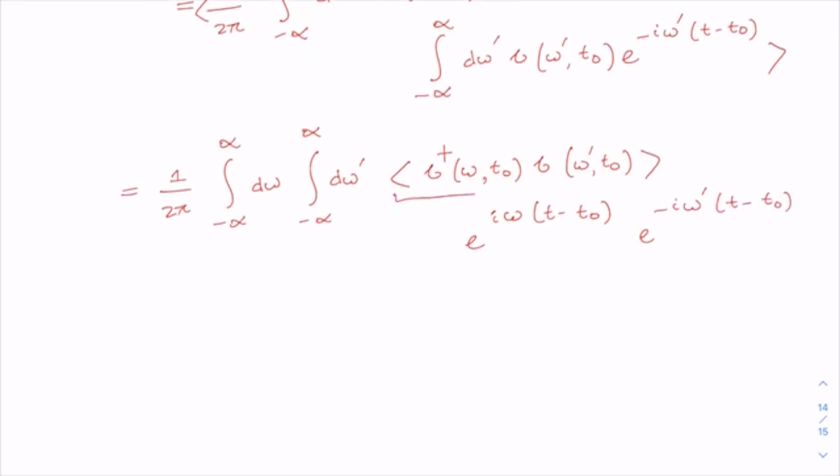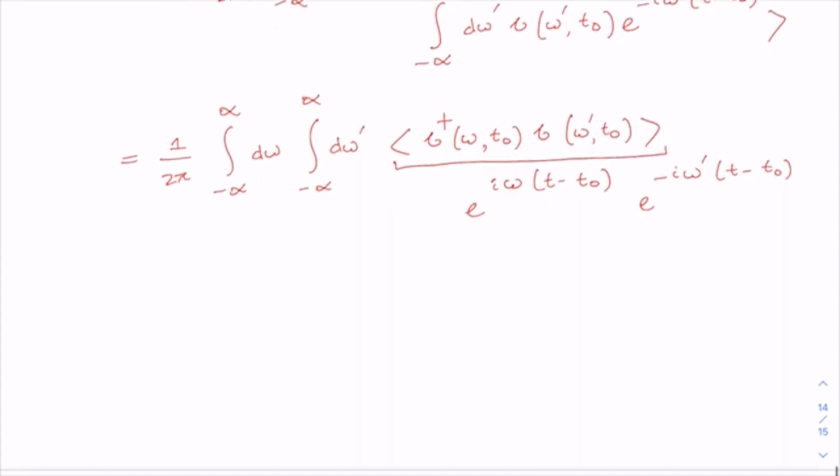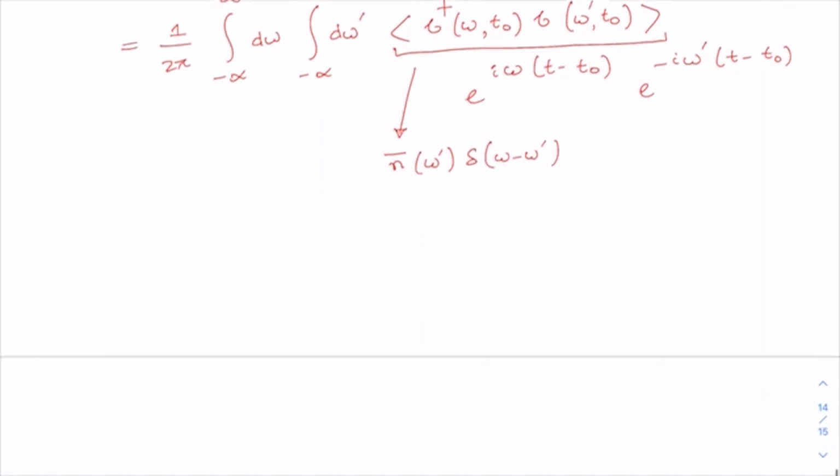Now you see this particular term is the expectation value of the number operator for phonons. So this is going to give us the phonon number n of omega, let us say n of omega dash, and then a delta function delta omega minus omega dash. Using this we can immediately write the average number of phonons n bar, assuming that the bath occupation number peaks at the cavity frequency omega 0.